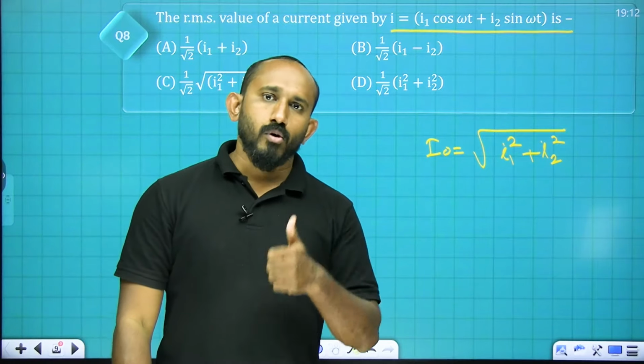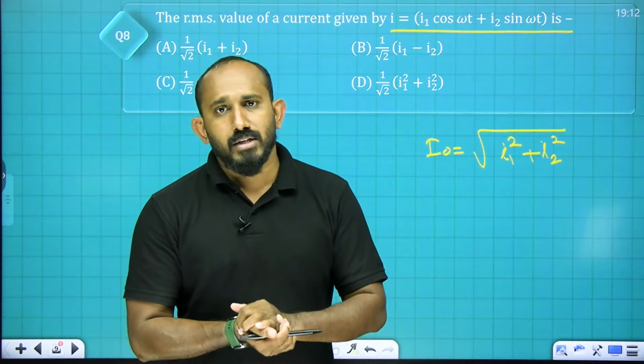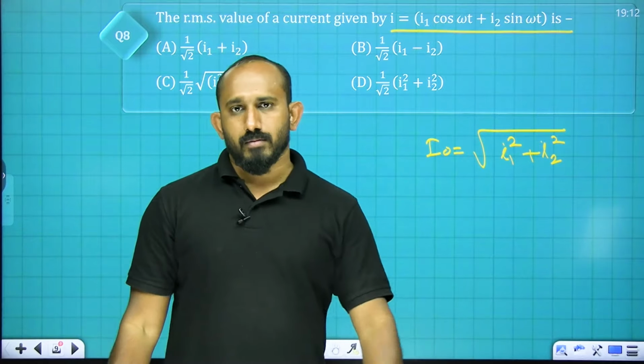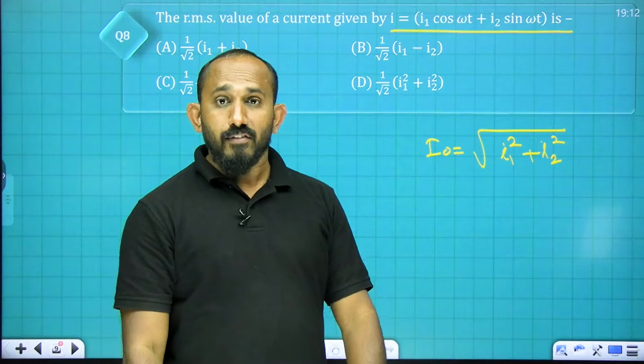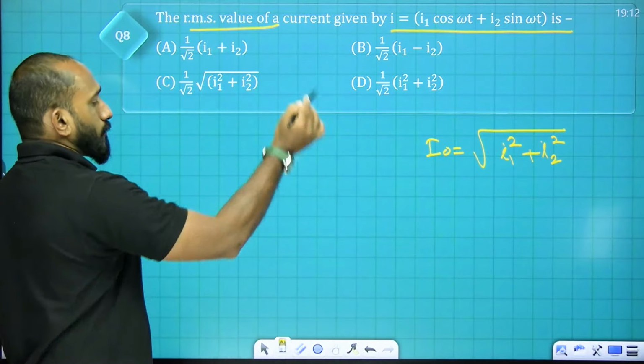Grade 11th also you might have gone through. If two functions, sine as well as cos, come, then the amplitude or the maximum value is given by root of I1 square plus I2 square, or root of a square plus b square, like the equations you did for wave equations. Similar concept for I0.